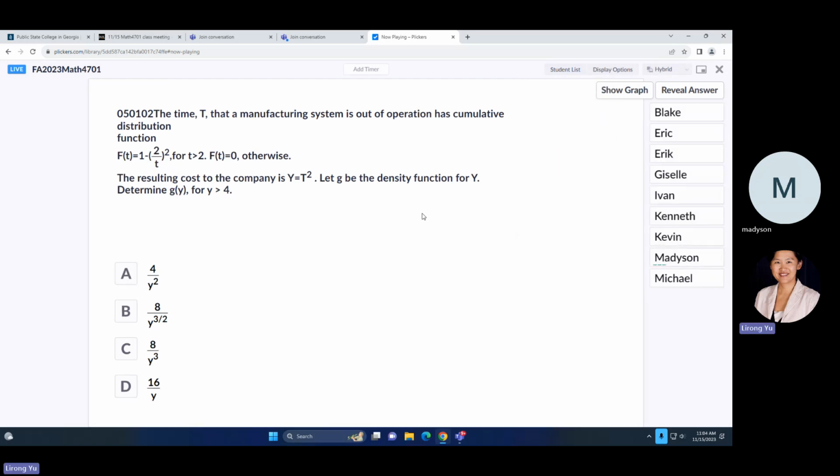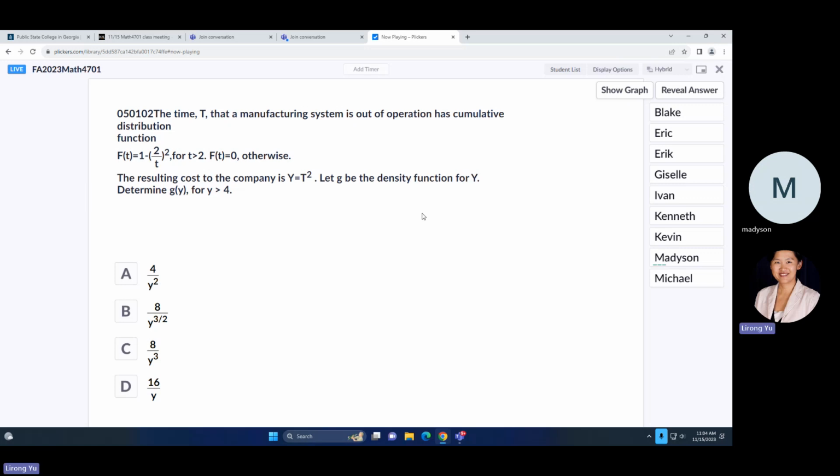So this is the question I'm going to practice for today. It should belong to 5.1, and we have a random variable T. T is the time that a manufacturing system is out of operation.